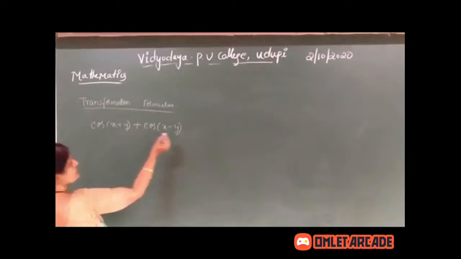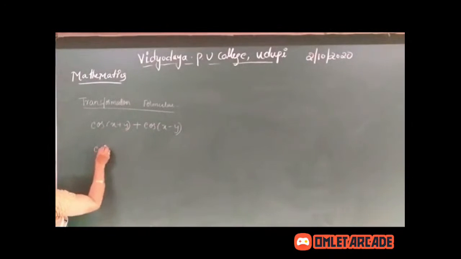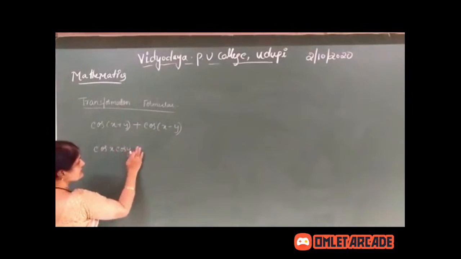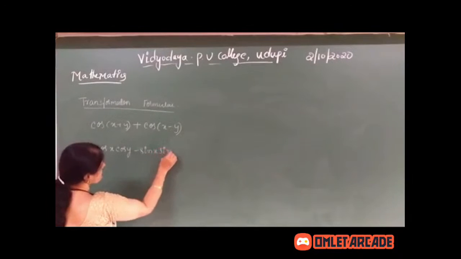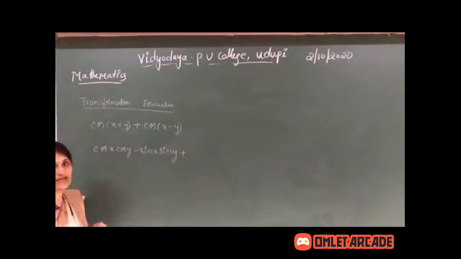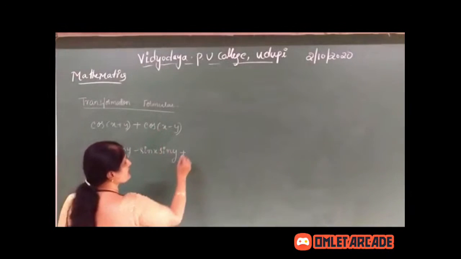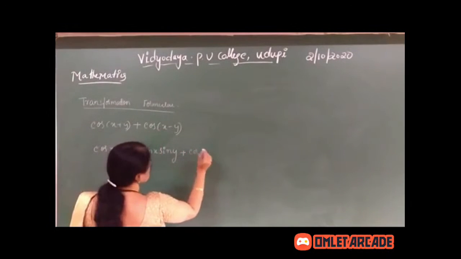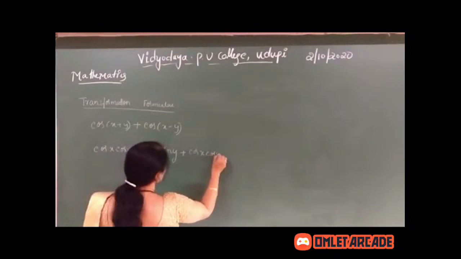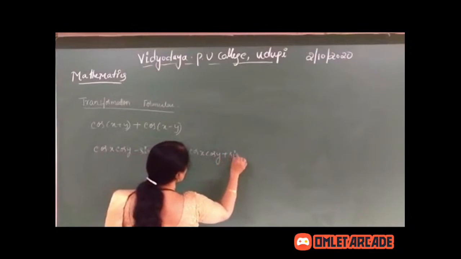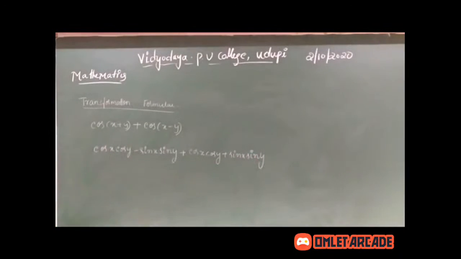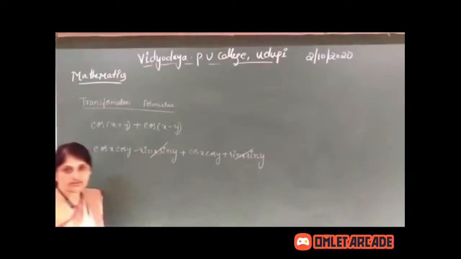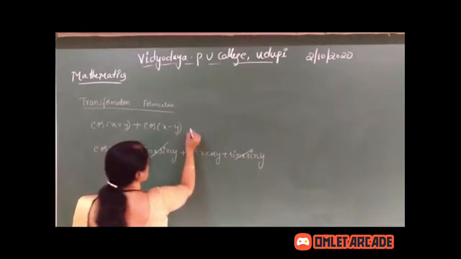Cos of x plus y is cos x cos y minus sin x sin y, plus, let me add this now, cos of x minus y is cos x cos y plus sin x sin y. When we add this, these two will cancel and we get 2 cos x cos y.